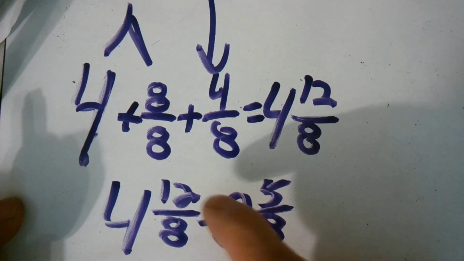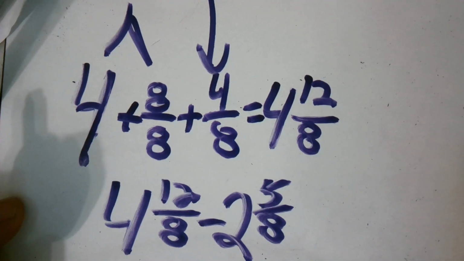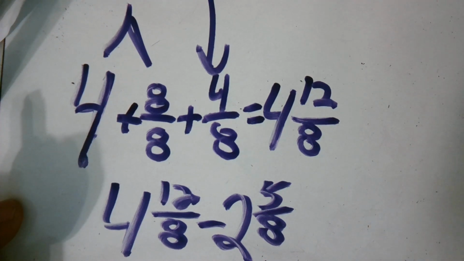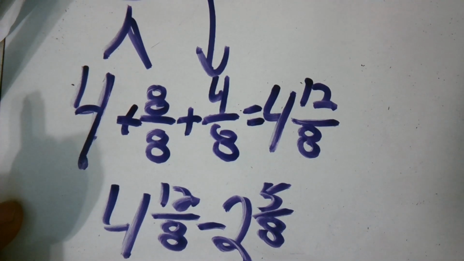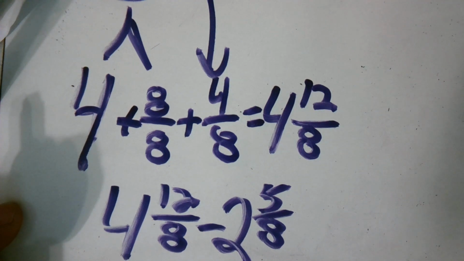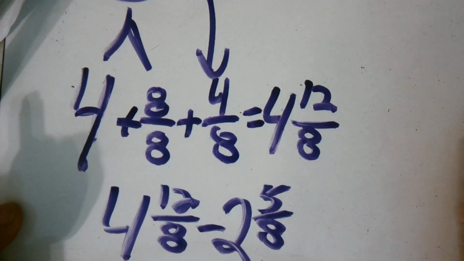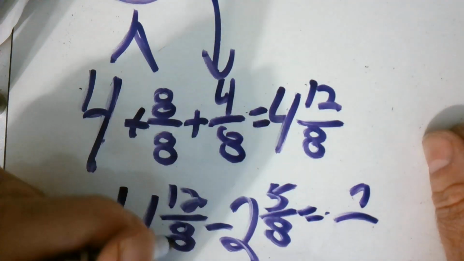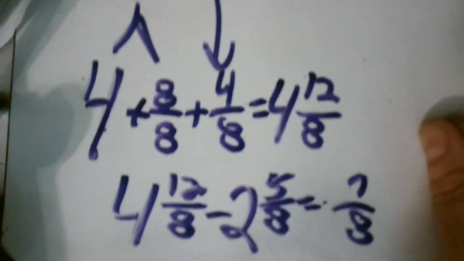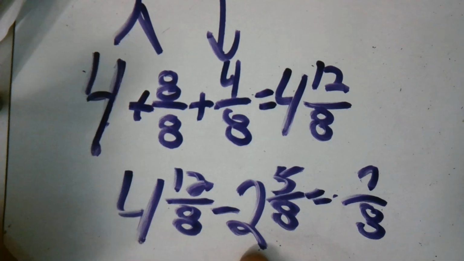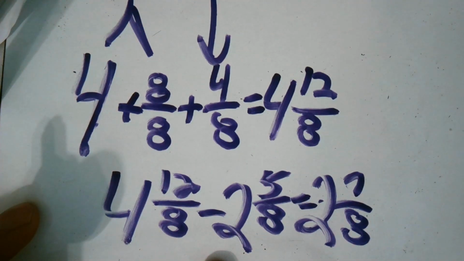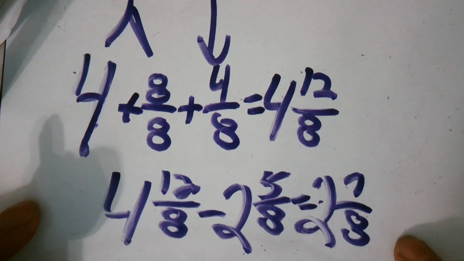Count up from 5 to 12. 6, 7, 8, 9, 10, 11, 12. What's my number? 7. 7 eighths. That's a 7. 4 minus 2 is 2. So that's my answer. 2 and 7 eighths.